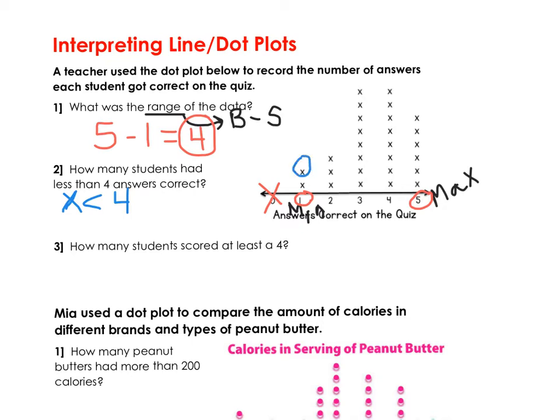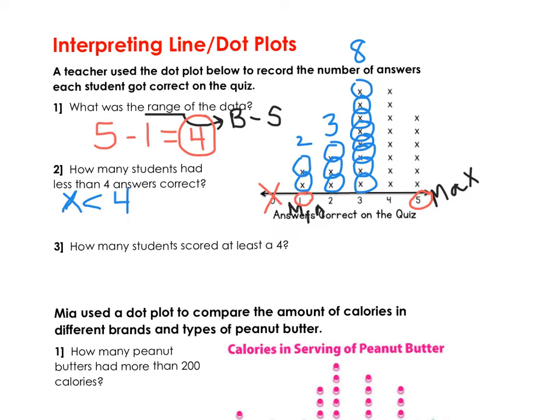Here we have 1, 2. We have 1, 2, 3 here. And then we have 1, 2, 3, 4, 5, 6, 7, 8 x's here. And 2 plus 3 is 5, and 5 plus 8 is 13.